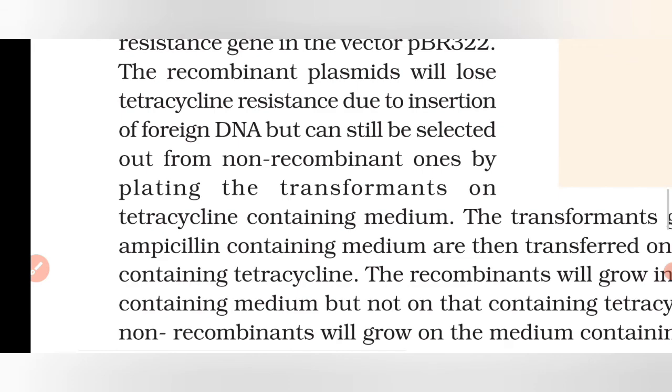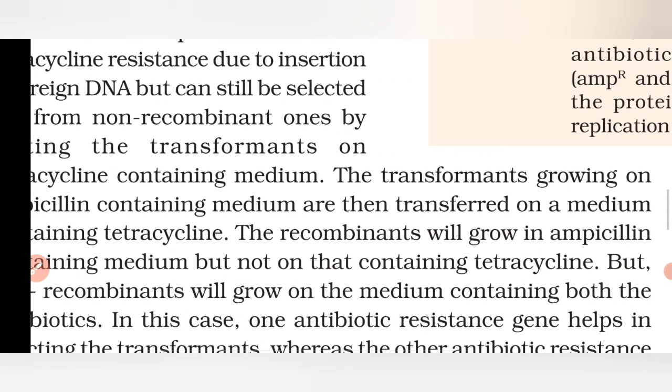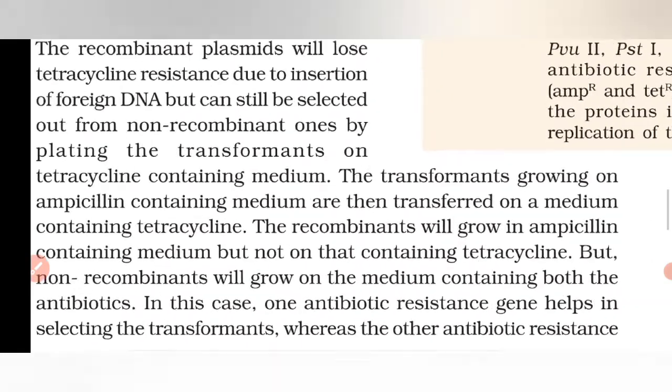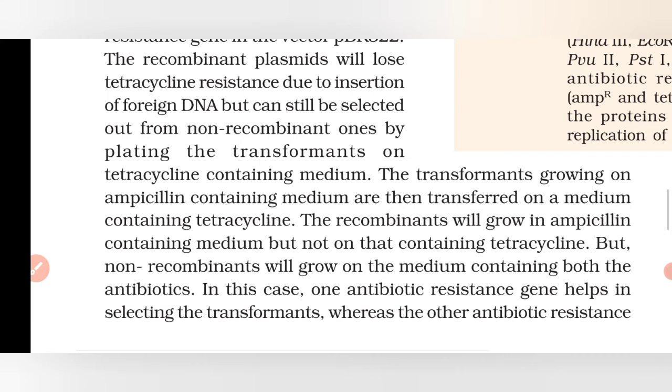The one in which foreign DNA is present will show resistance only towards ampicillin because it will lose the tetracycline resistance. But the non-recombinant one will show resistance towards both of them because both of them are functional, and the transformants growing on the ampicillin containing medium are then transferred on a medium containing tetracycline. On ampicillin containing medium they will survive because they have the ampicillin resistance gene in them which is functional.